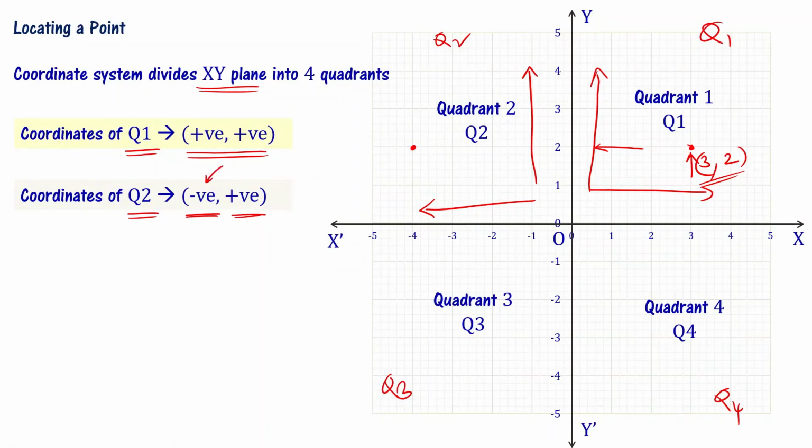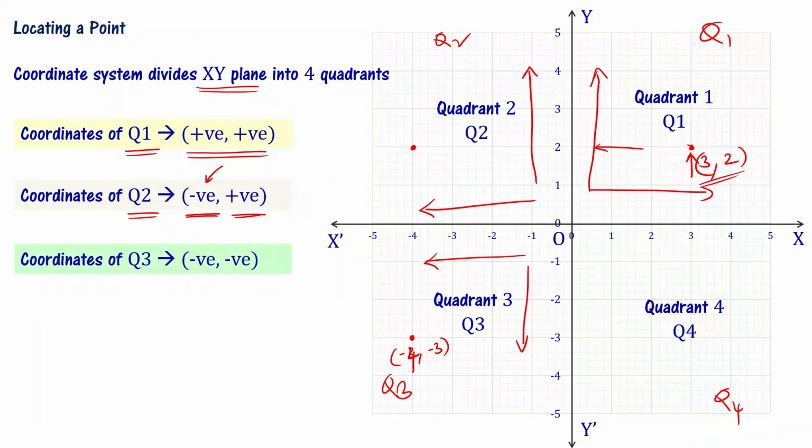Negative is for the x coordinate, right? We write the x coordinate first. The x coordinate is negative and the y coordinate is positive. Similarly, if you take a point from Q3, that is quadrant 3, the x value is also negative, right? Sorry, the x value is minus 4 and the y value is minus 3, right? So x is negative and y is also negative. For that reason, you say that the coordinates of Q3 are both negative.